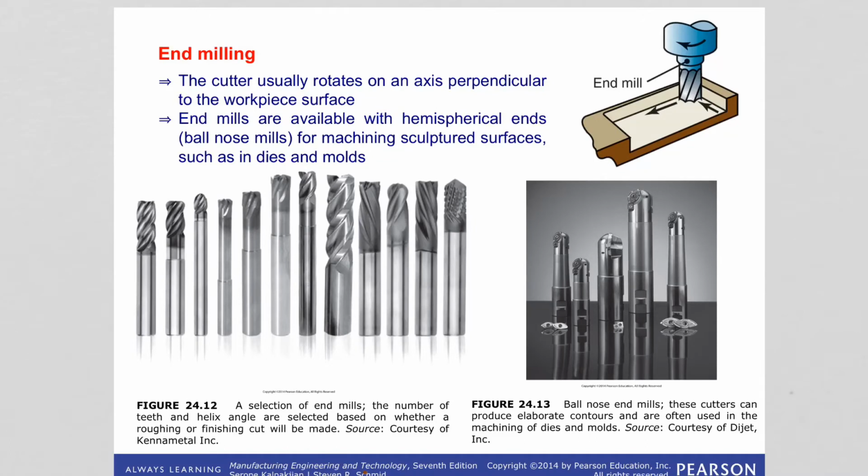And let's look at end milling. And we have seen end milling, right? If you guys remember, this is a common operation. Again, in this case, the cutter rotates on an axis perpendicular to the workpiece surface.